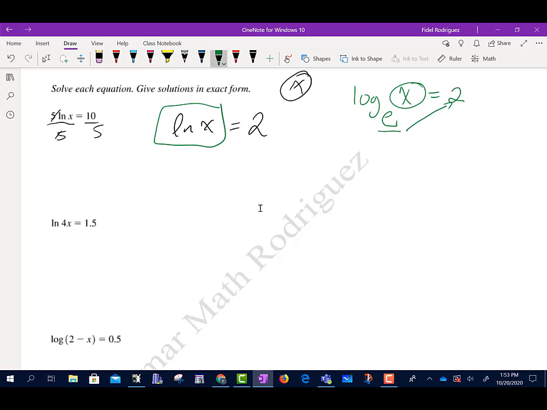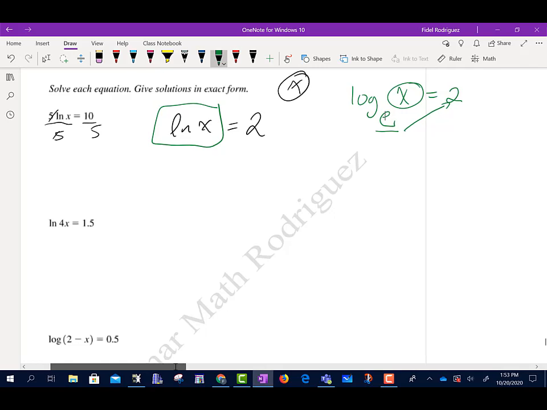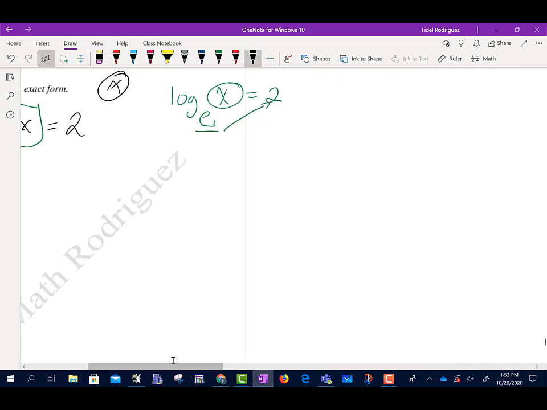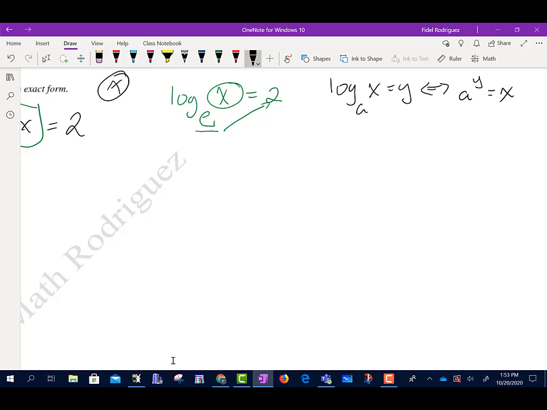So if I think about, let me just kind of move this over to the side a little bit here, guys. Here we go. If I think about my definition of a logarithm, we said that the log base a of x is equal to y is the same thing as a to the power of y is equal to x.